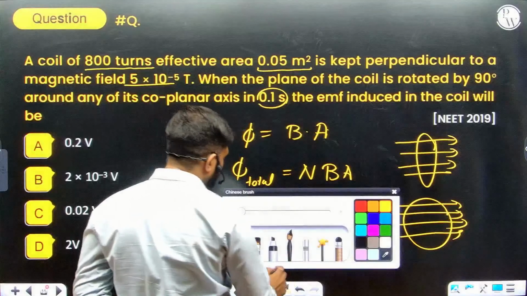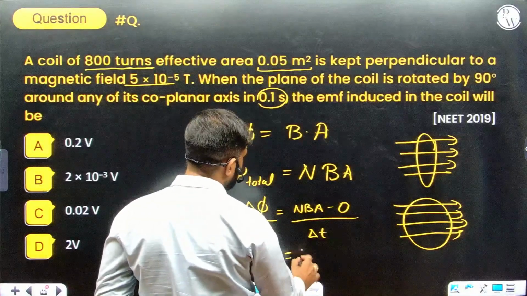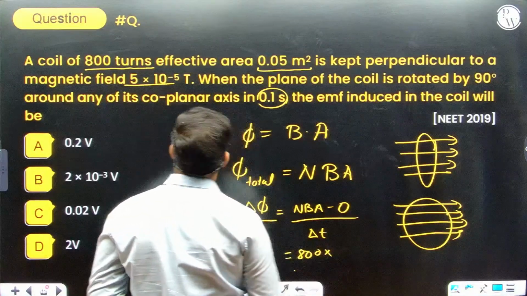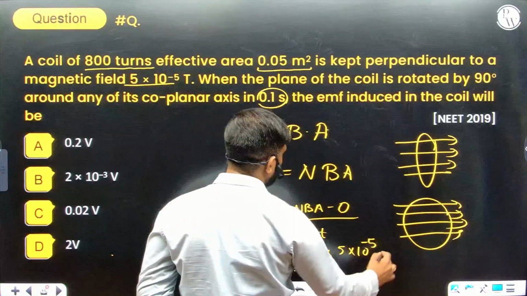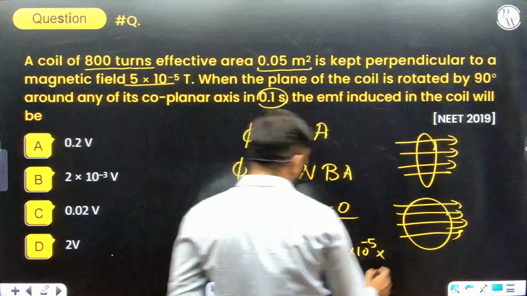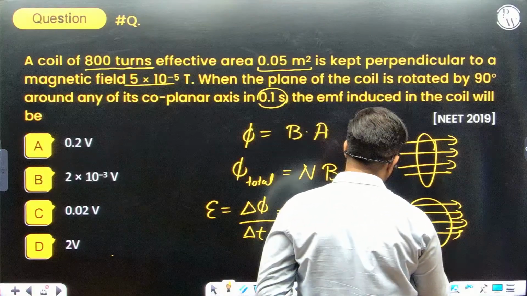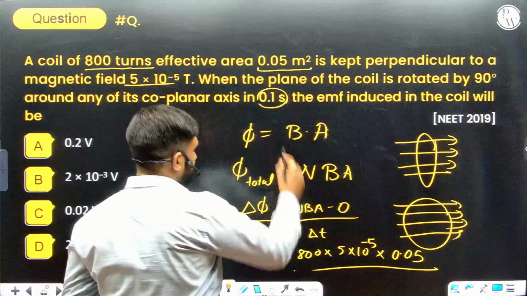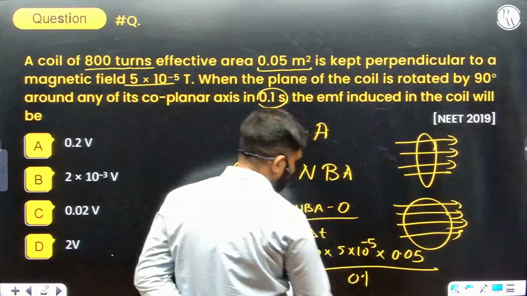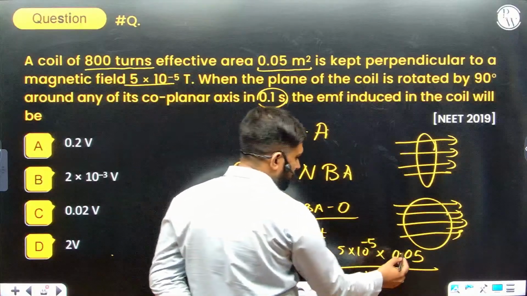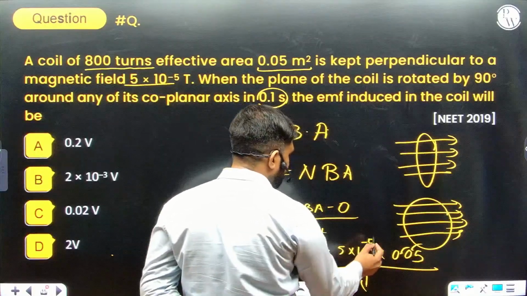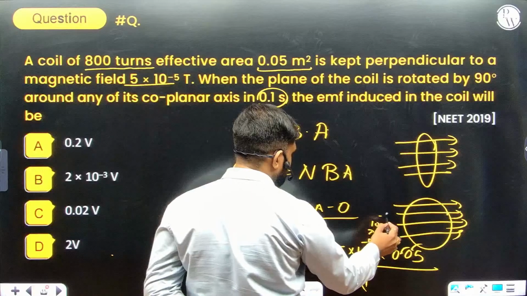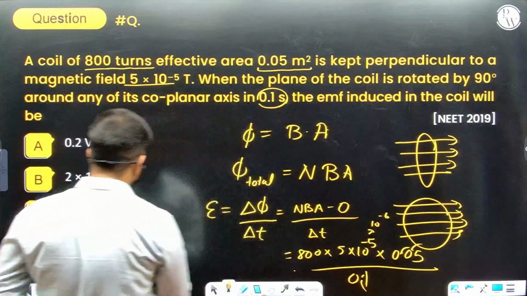So I hope by now many of you would have already got the answer. It will be 800, magnetic field is 5 into 10 to the power minus 5, and the area is 0.05 meter square. The time taken is 0.1. Okay, so let's remove decimals and make it 10 to the power minus 6. Here I'll write the EMF.